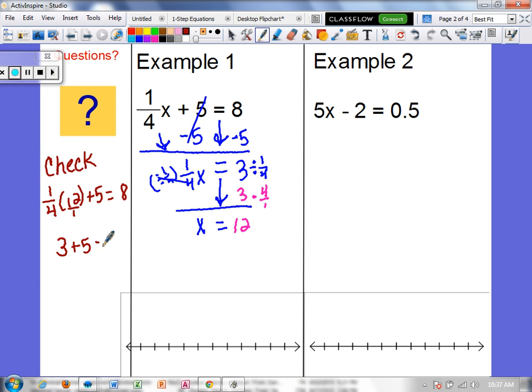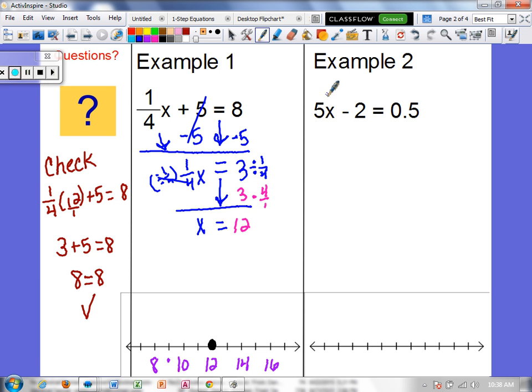So 3 plus 5 should equal 8, and yes, we know 3 plus 5 is 8. I'm going to rewrite that equal sign. So the left and right sides are equal, so yes, we have checked that, and now we're just going to graph it. So I'm going to put 12 here, and then I'm just going to fill in other values around it. And then I'm going to have a filled in circle at 12.